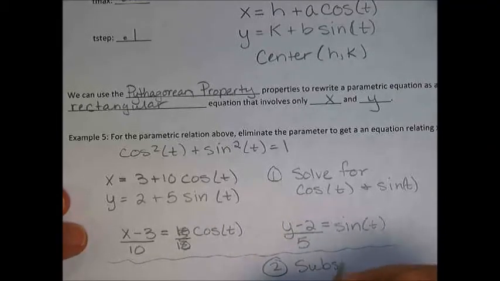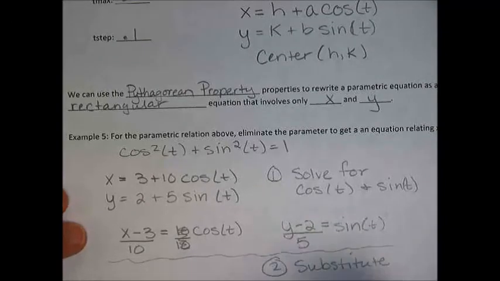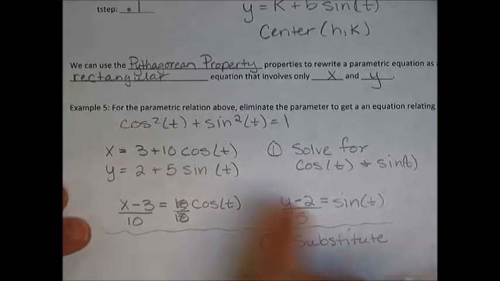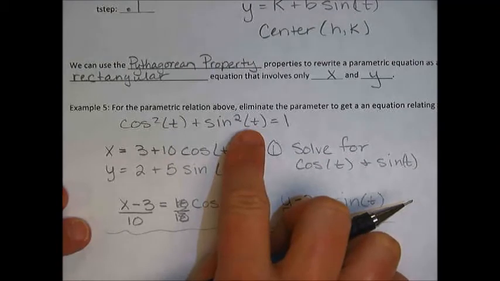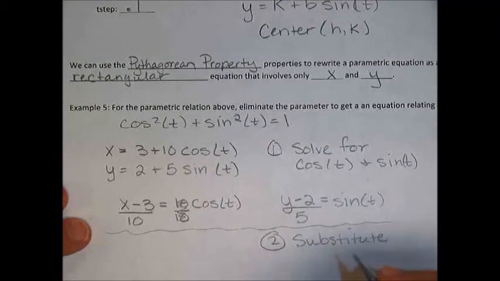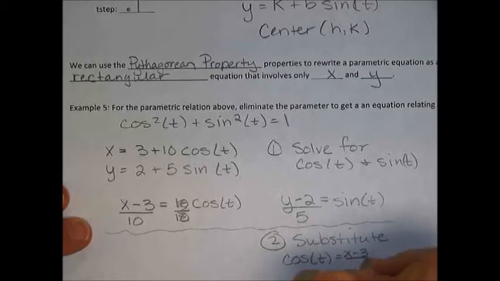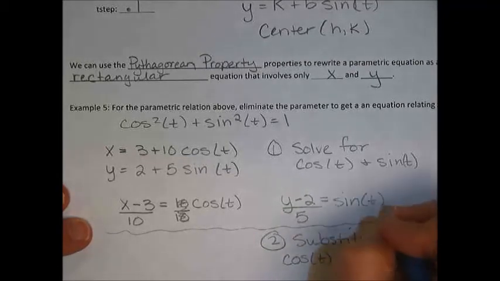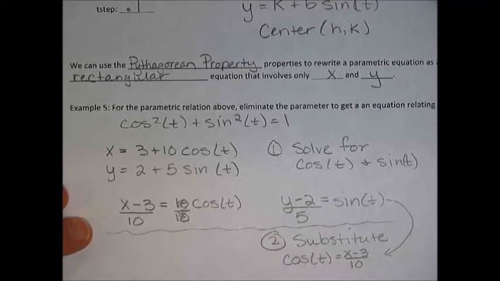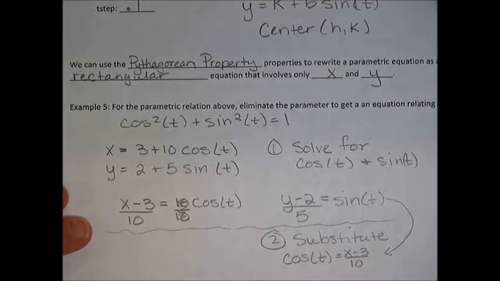Now my second step, after I have done this, would be to substitute my two equations into the Pythagorean theorem equation, cosine squared plus sine squared equals 1. So substitute cosine of t and replace that with x minus 3 divided by 10. And replace sine of t with y minus 2 divided by 5.